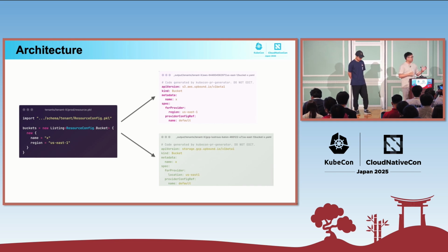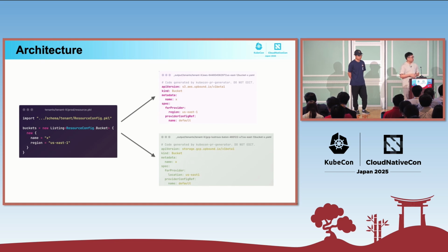On the left side is one of the typical user inputs if they want to have a storage bucket in the US East 1 region called X. And this is in Pico format, and of course you can use JSON format or YAML format. It's up to you how you do the code generation.